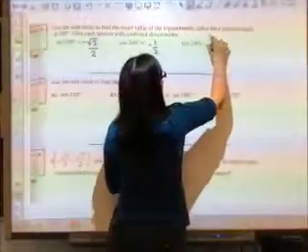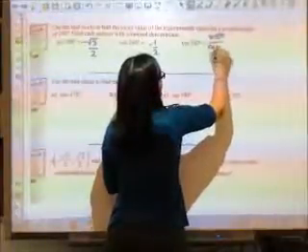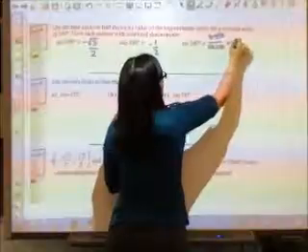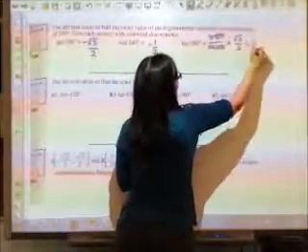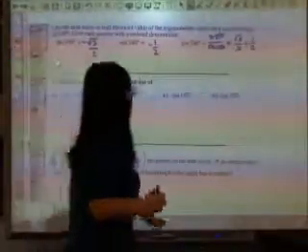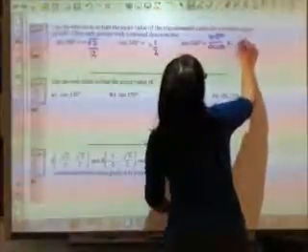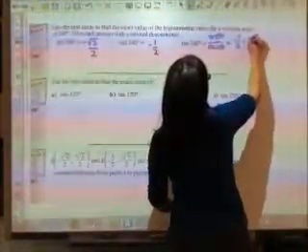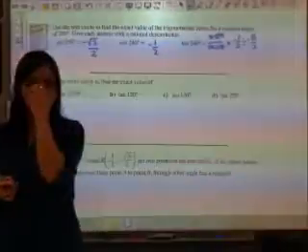So this would be sine 240 over cos 240, which would be my root 3 over 2 divided by my 1/2. Or sorry, wrong way, other way around. Would be my negative 1/2 divided by my negative root 3 over 2. So the negatives will cancel out.